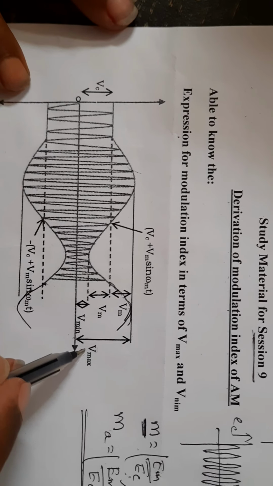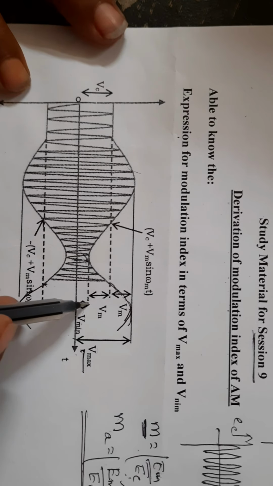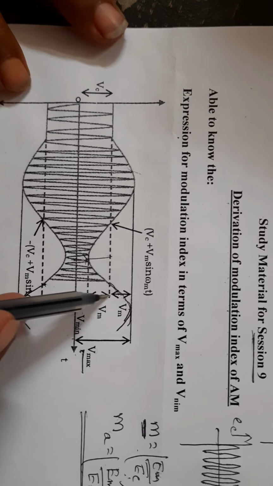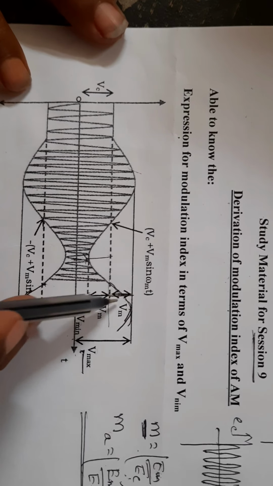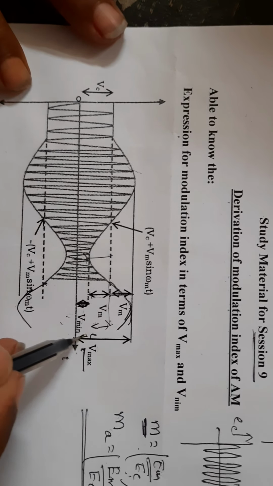So this maximum voltage is represented by E maximum, and this is E minimum, the minimum voltage of this modulated signal. And this is our Vm, the amplitude of the modulating signal. From here to here, it is the carrier signal, Vc, the voltage of the carrier signal.